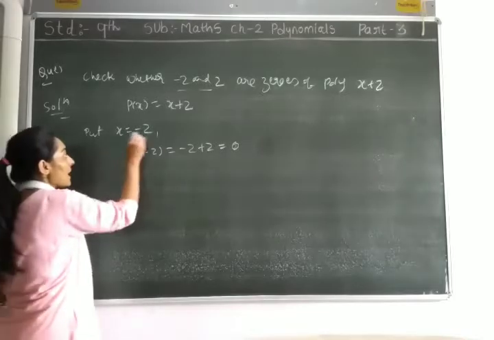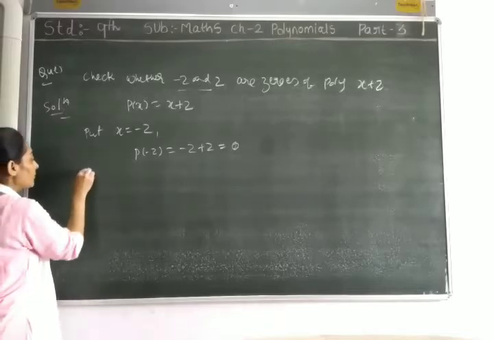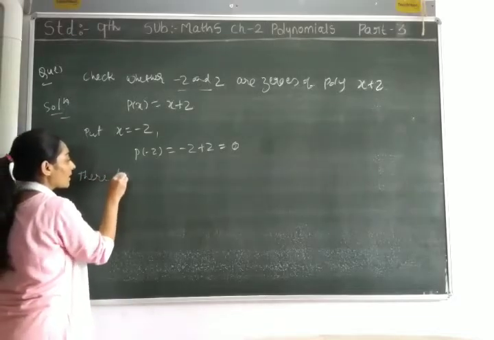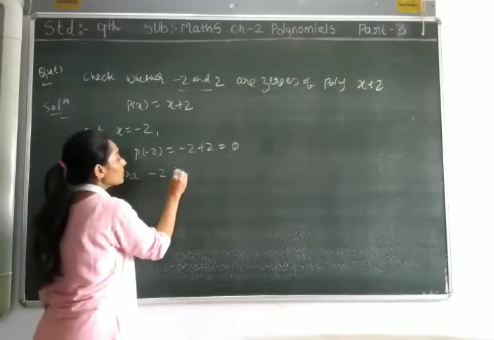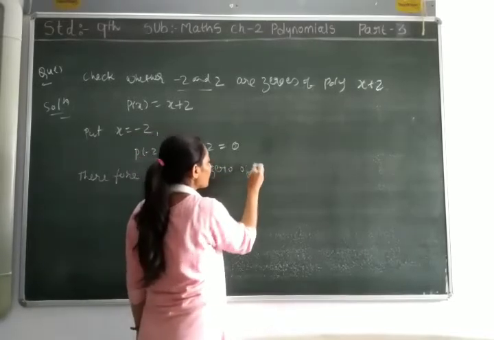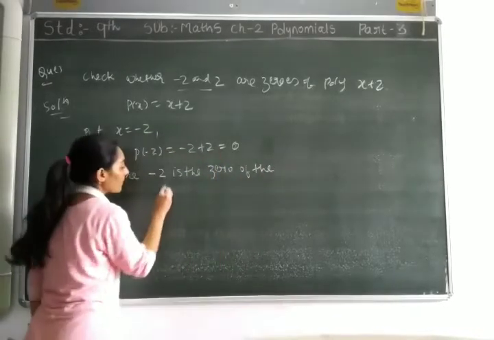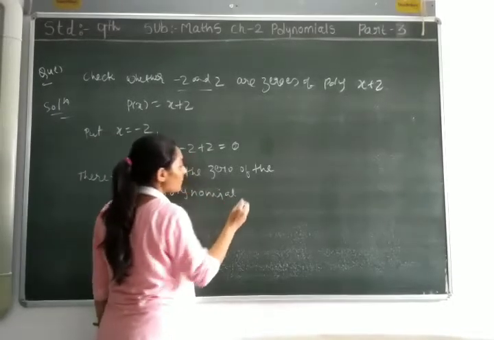It means x equals to -2 is the 0 of this polynomial. Therefore -2 is the 0 of the polynomial.